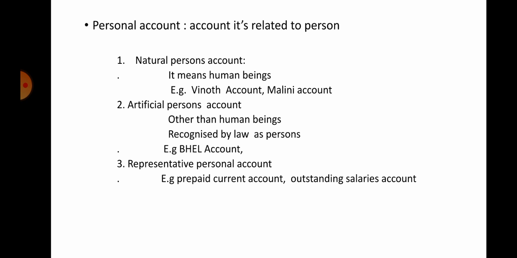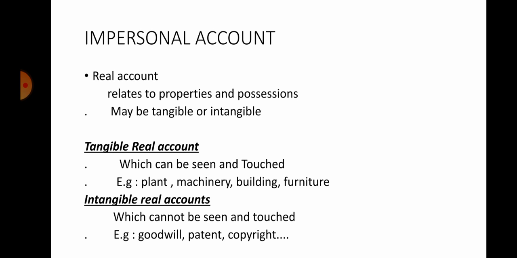And likewise, prepaid current account means, for example, imagine that you are living in a rented house. You have paid the rent for the whole year, that is for 12 months. So that is a prepaid account. That is called prepaid current account. This is representative personal account.